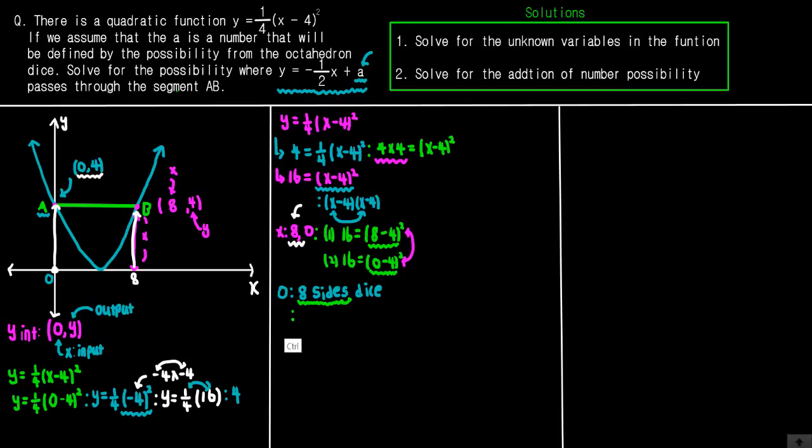So the probability of each a value is going to be 1 over 8 from our 8-sided dice. If we write our equation down, y is equal to negative 1 over 2 x, then plus a.